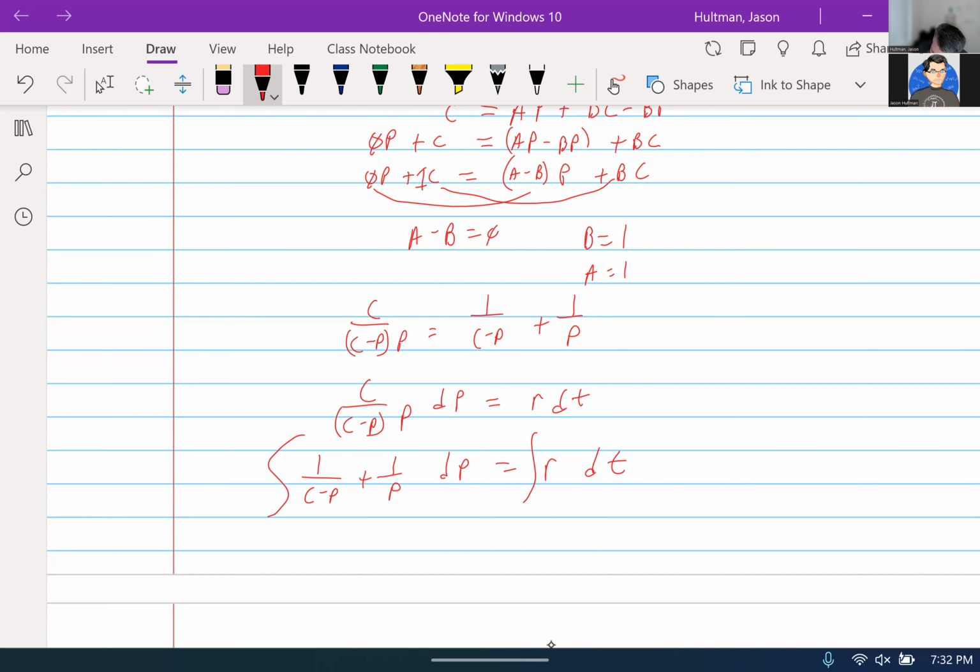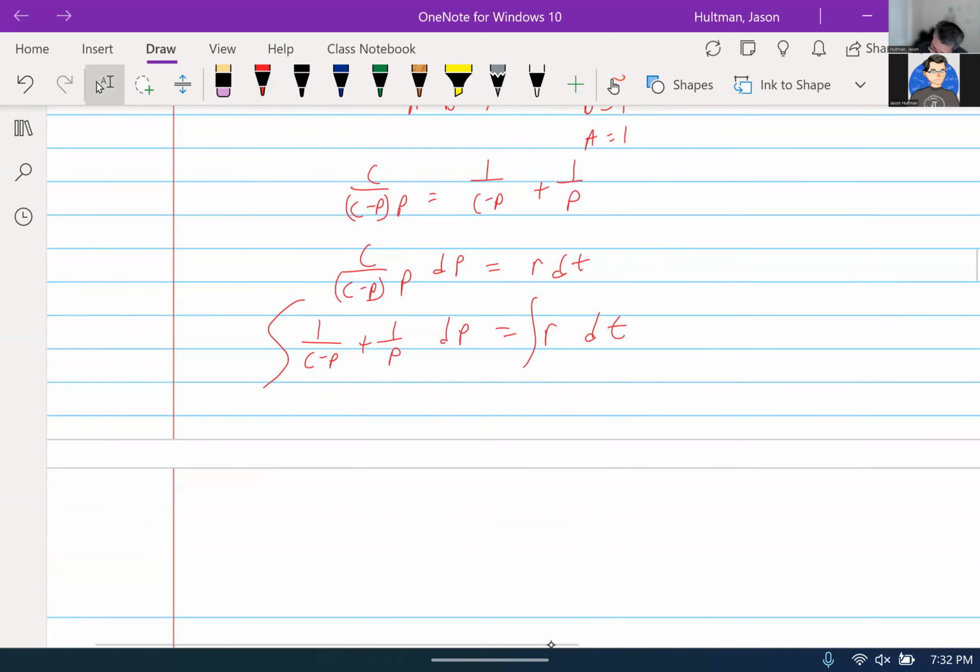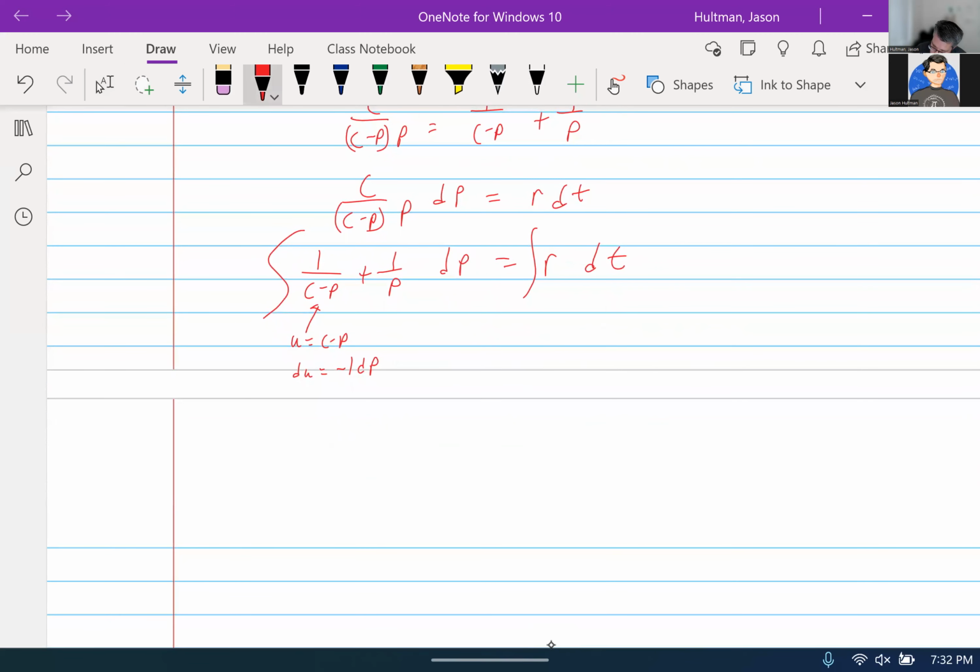Let's integrate both sides now. We could do a u sub on this. Again, what's the variable? It's p. So u is equal to c minus p, du is equal to -1 dp. So if I use a natural log on this, 1 over u, just keep in mind we have an extra negative there that we have to deal with.